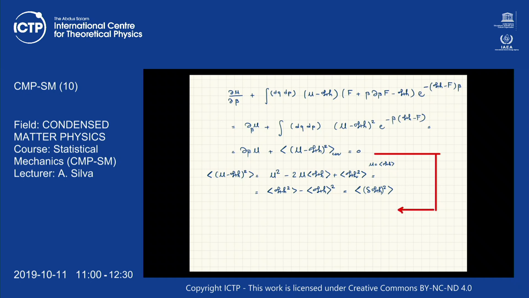Now this equation tells us something important. It tells us that the fluctuations of h, of the energy, are equal to minus d beta of U. Now what is minus d beta of U?